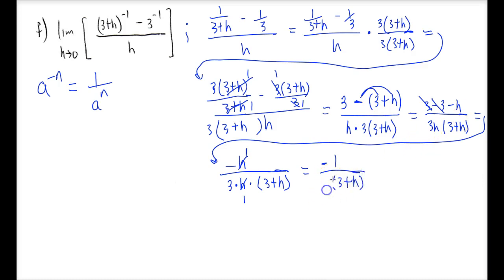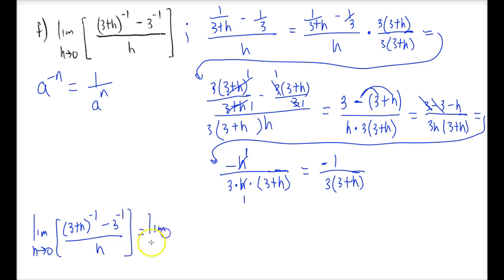Let's get that 3 looking good here. So now we know that if we come back here, the limit as h approaches 0 of what we originally had is going to behave the same way as -1 over 3 times 3 plus h.